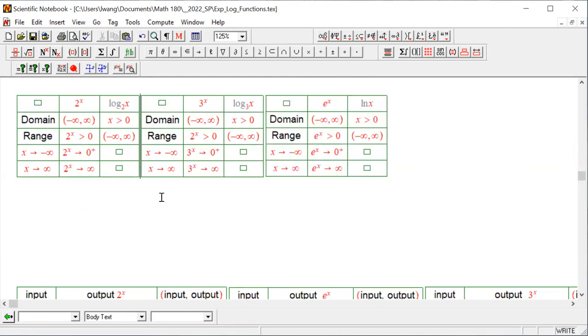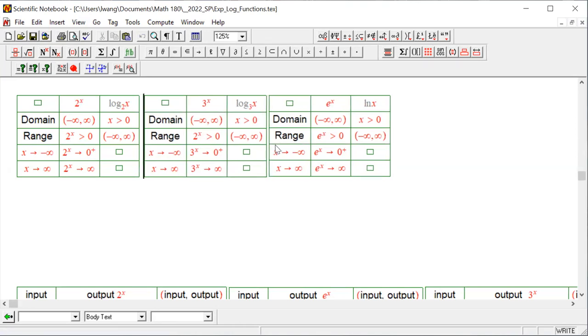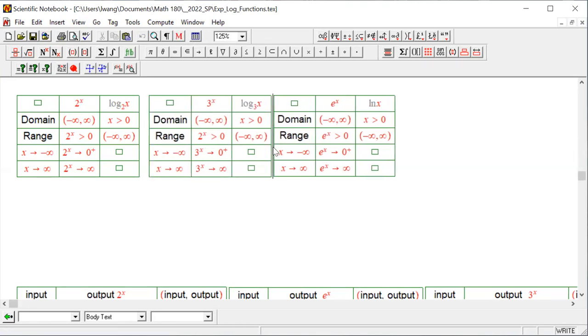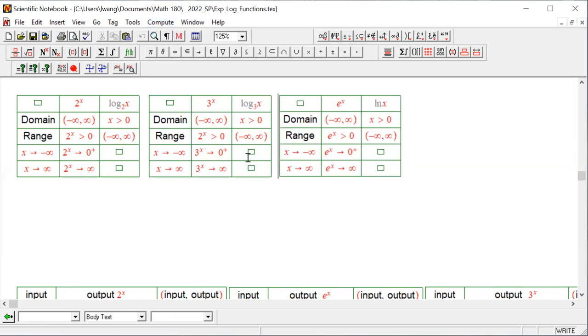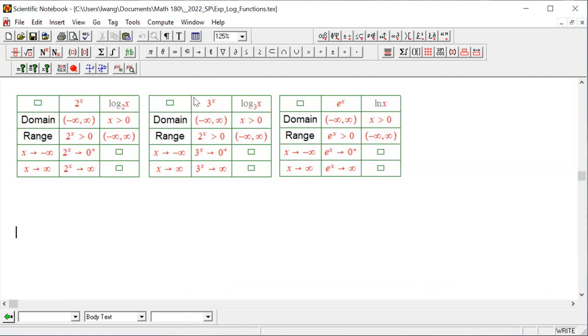And you can very well establish other pairs. We have established it for base 3, base 2, base e. You can easily establish the same relationship for base 10, base 5, base 7, and so forth.